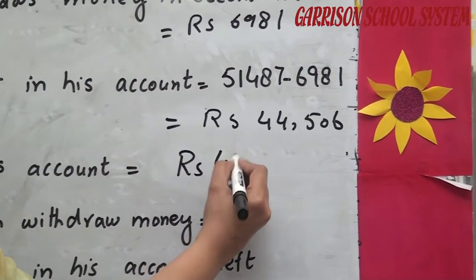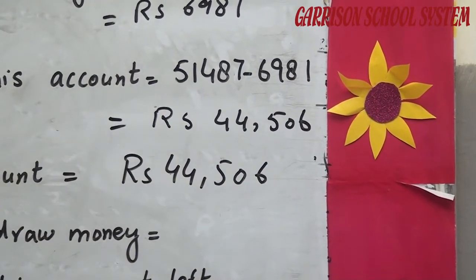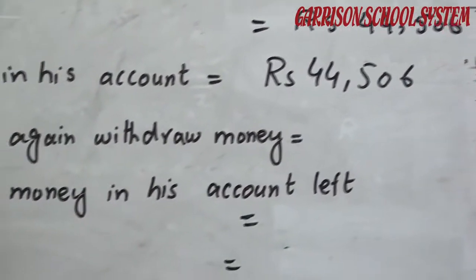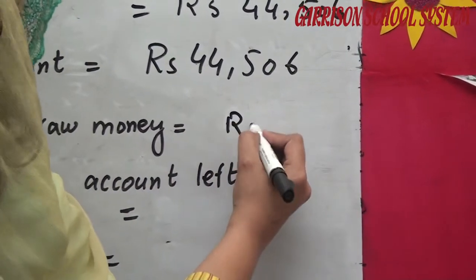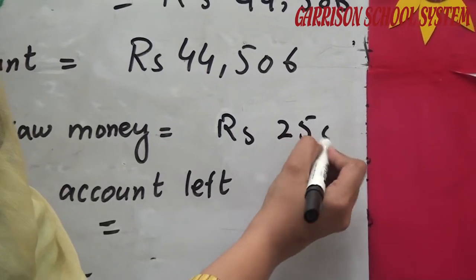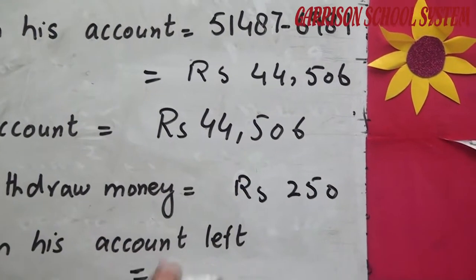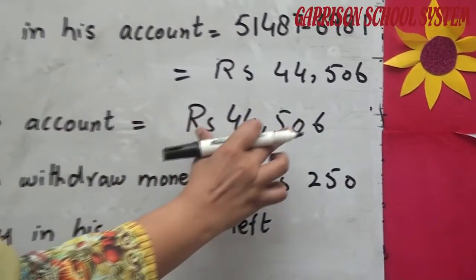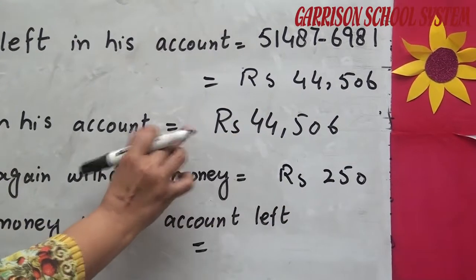So now the money in his account is rupees 44,506. Now let's see, if he again withdraws rupees 250, we will again subtract 250 from this money, because now he has 44,506 in his account.